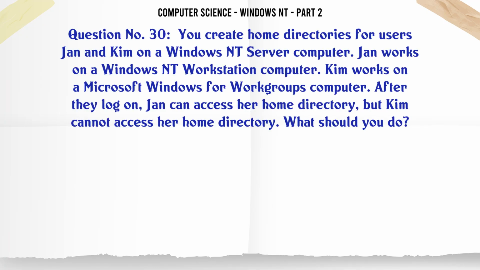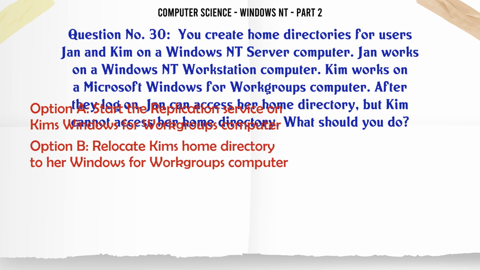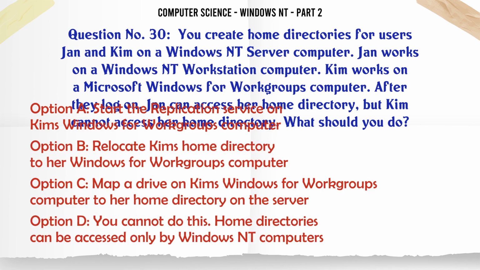You create home directories for users Jan and Kim on a Windows NT server computer. Jan works on a Windows NT Workstation computer. Kim works on a Microsoft Windows for Workgroups computer. After they log on, Jan can access her home directory but Kim cannot access her home directory. What should you do? A. Start the replication service on Kim's Windows for Workgroups computer.